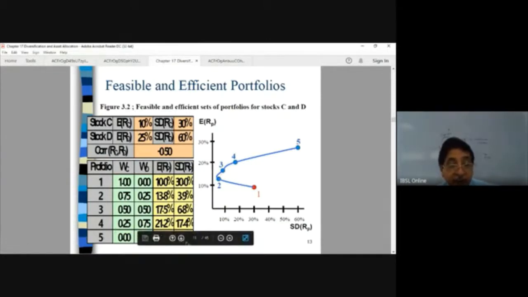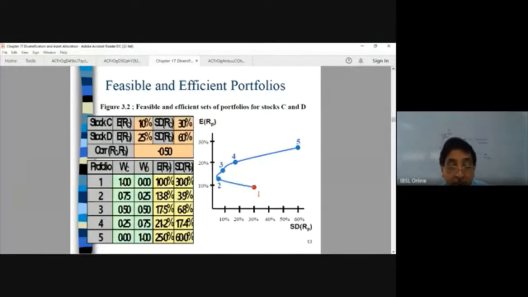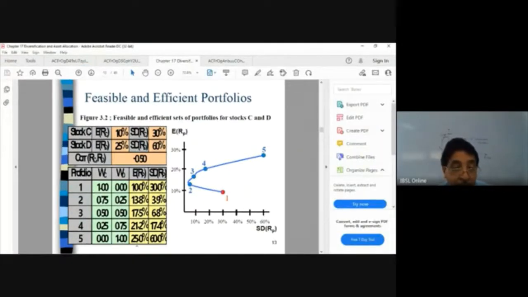If you take point number 5, you can see expected return is 25 and standard deviation is 60.